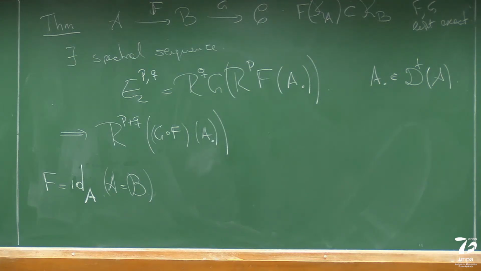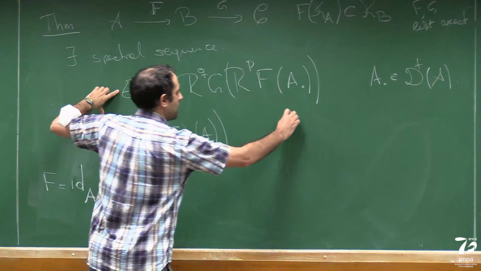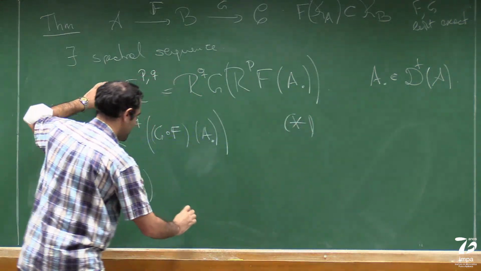So when F is the identity, this spectral sequence, how does it look?